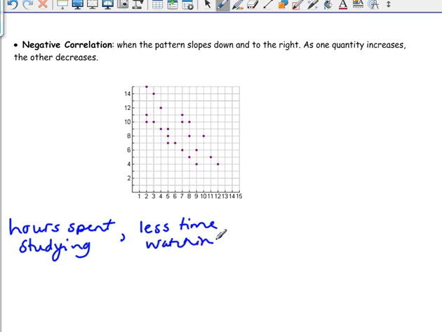So these are working in opposite directions. As the hours you spend studying go up, the time you spend watching TV goes down. Because they move in different directions, it's negative correlation. Likewise, as you watch more TV, maybe your hours spent studying goes down.